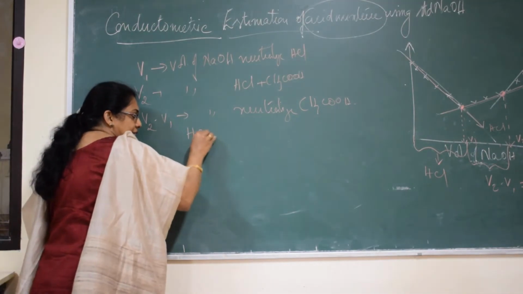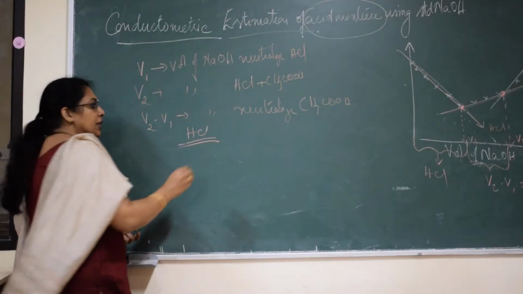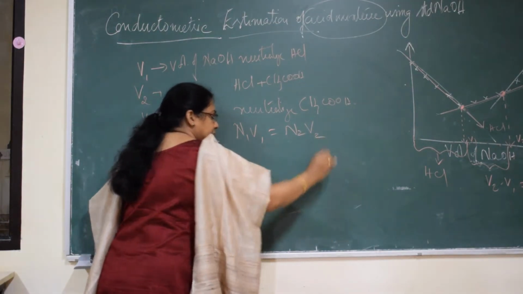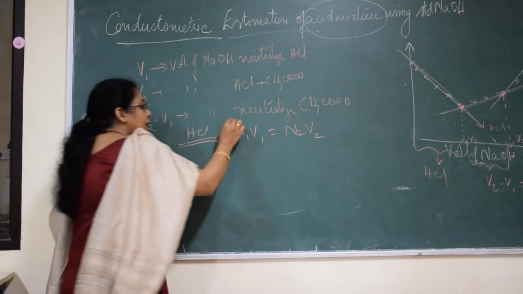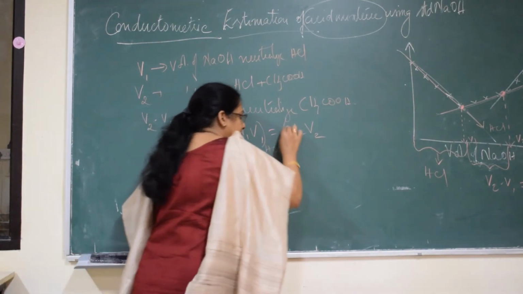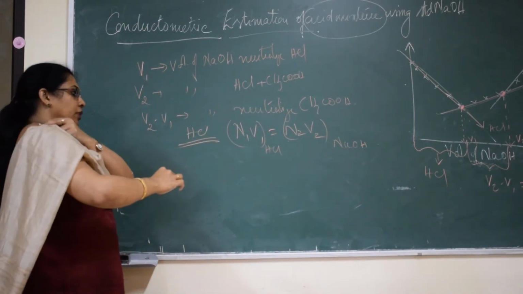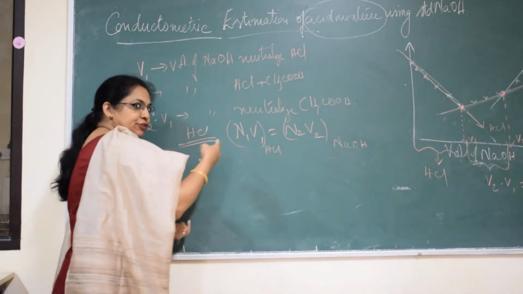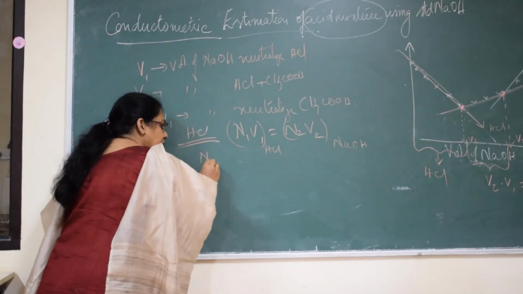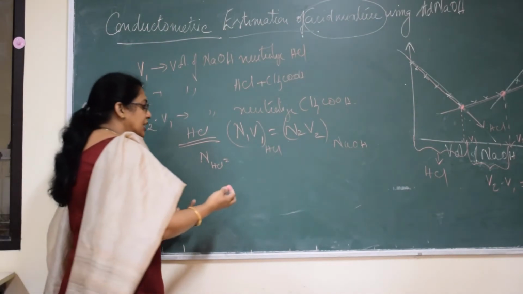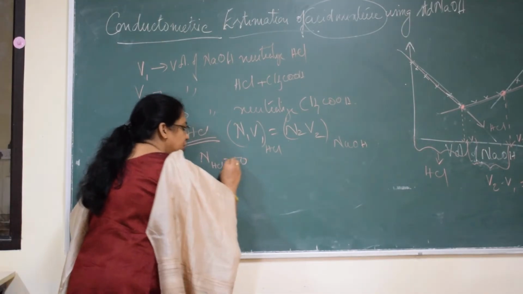In the case of HCl, take N1 V1 is equal to N2 V2. Let this be for HCl and let this be for NaOH. So in the case of HCl, the normality we don't know. I am taking the normality of HCl times the volume of HCl, which is 50, which will be given to you.